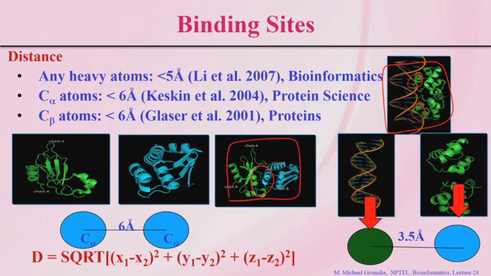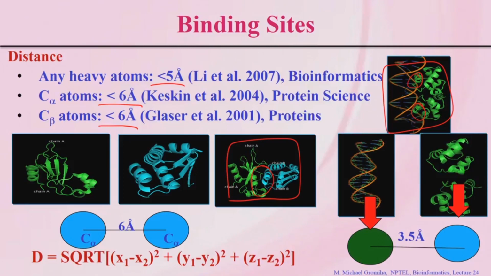If you take the C alpha atoms, generally they use a distance of about 6 angstrom. In the case of C beta atoms, here also 6 angstrom is used, and for any heavy atoms that depends upon the type of the complex, you can change the distance. For example, let us say any heavy atoms with a distance of 5 angstrom. You can use different criteria.